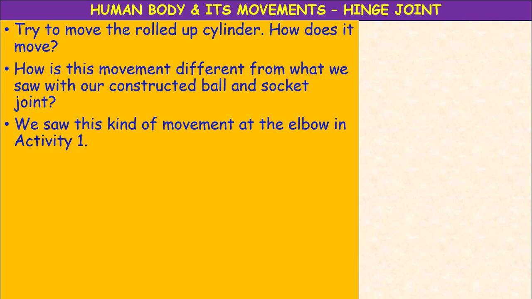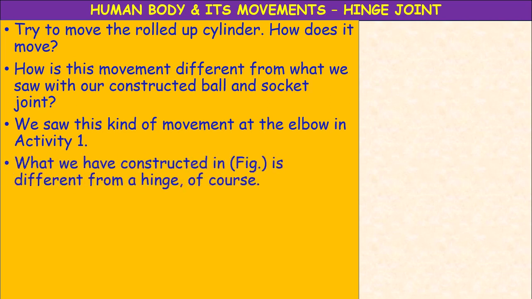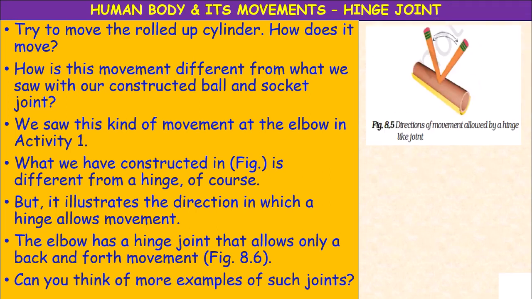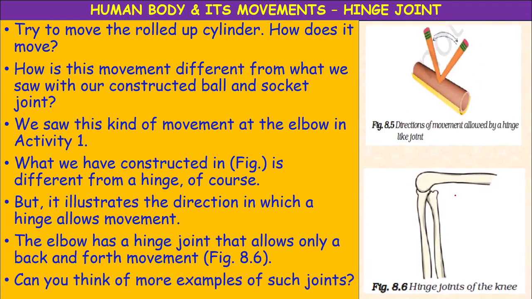We saw this kind of movement at the elbow. You can see here, this is the knee and elbow. These are the two places where you can find this kind of joint.